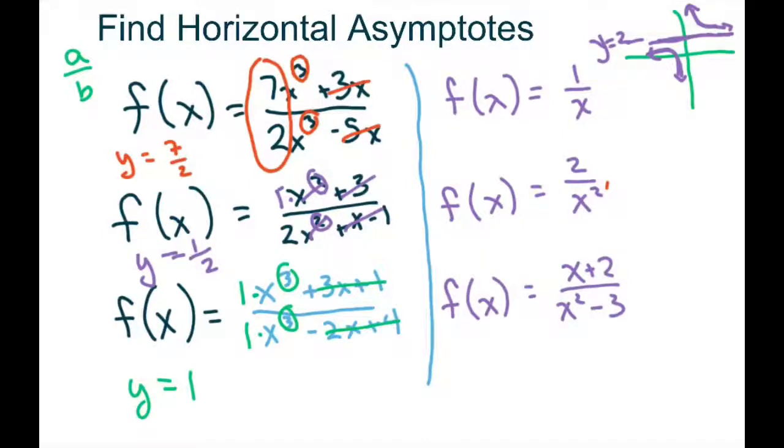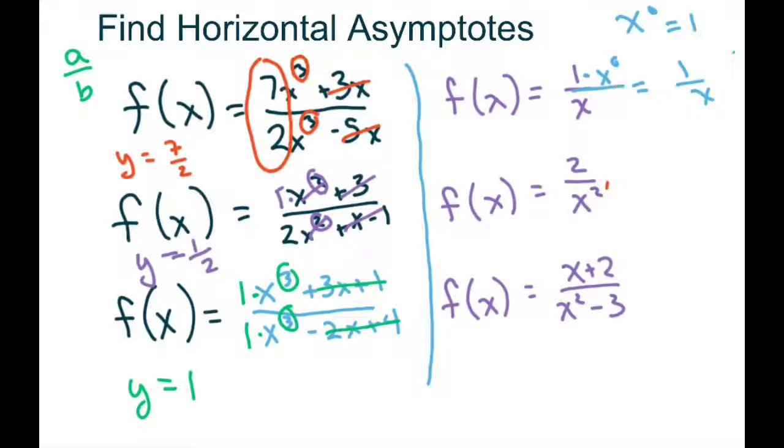In fact, let me erase this. In fact, you need to recall that x to the 0 equals 1. So if I multiply 1 times x to the 0, x to the 0 is just 1, so that's still 1 over x.